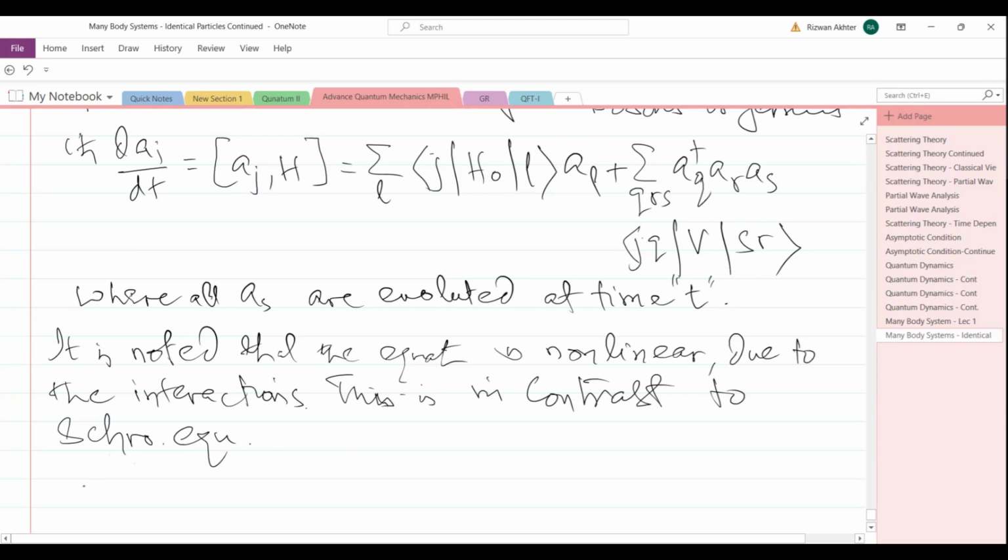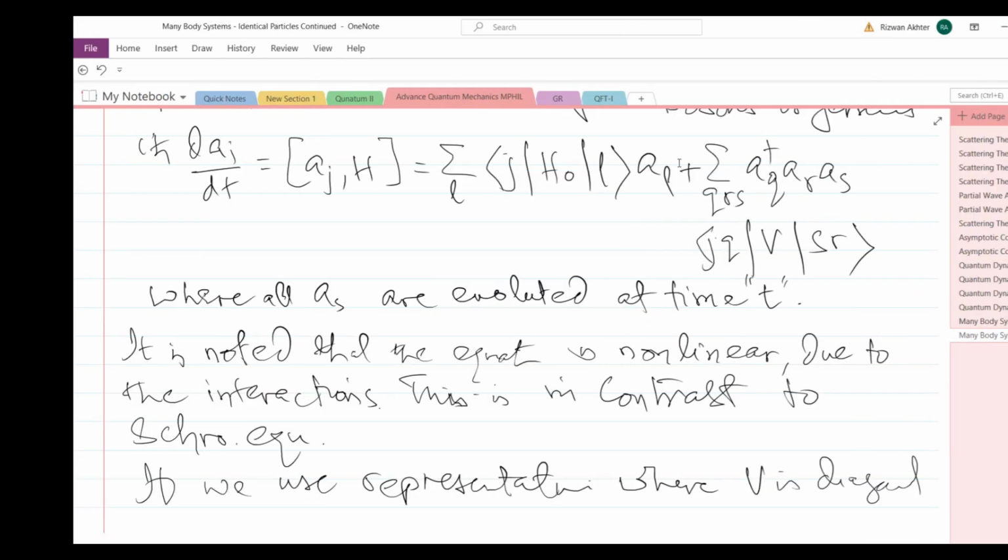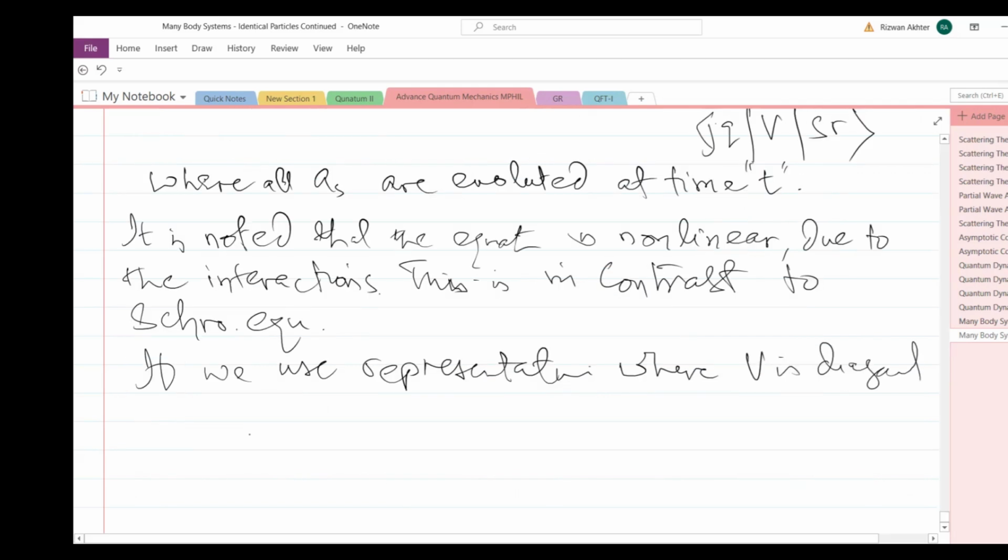So if we use a representation where V is diagonal, normally the states are in position space.